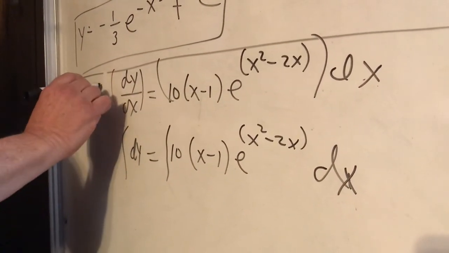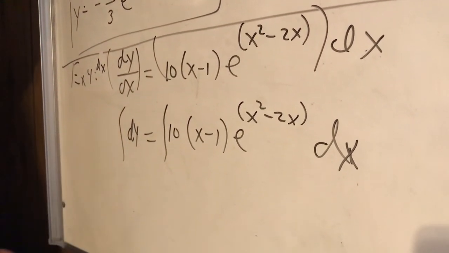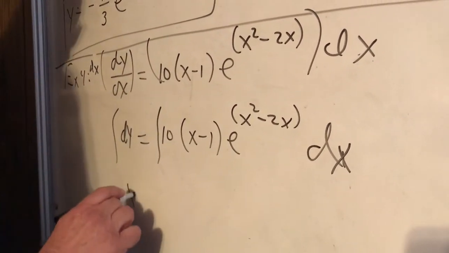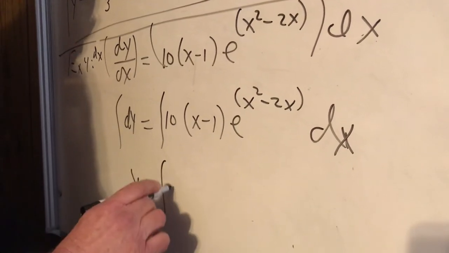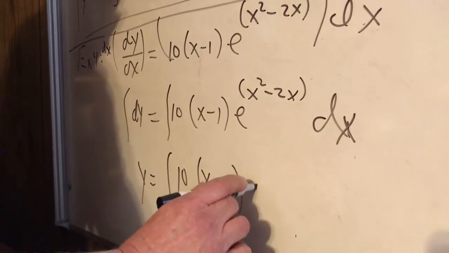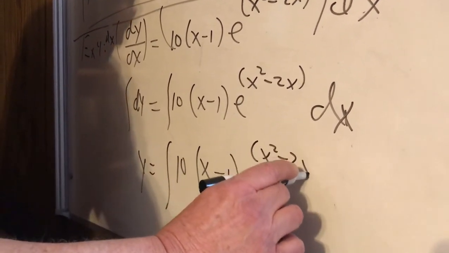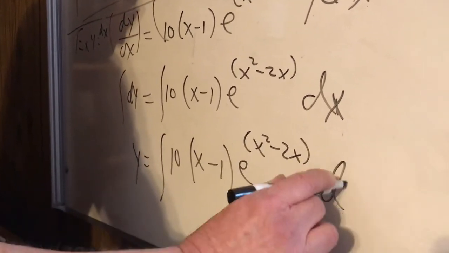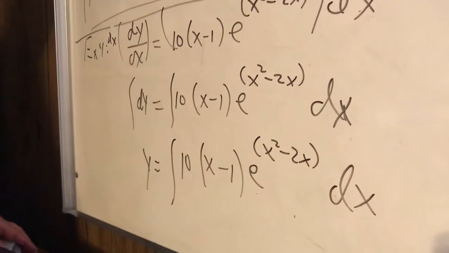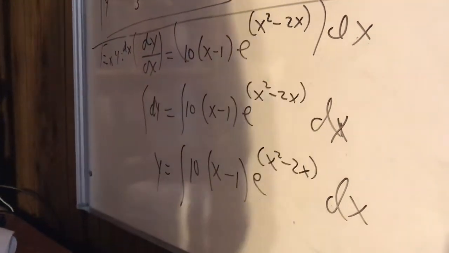That should be a dx. And then the integral of dy is simply y. So to complete this is a really theoretically sound way of doing this. I tend to take shortcuts, which is what you tend to do when you've done this a whole number of times.